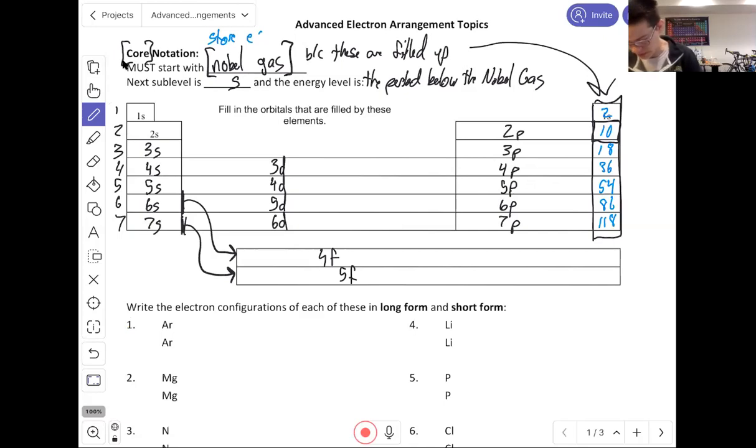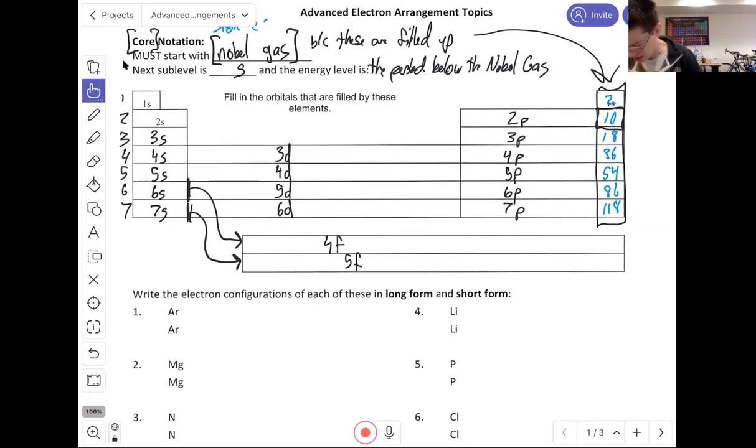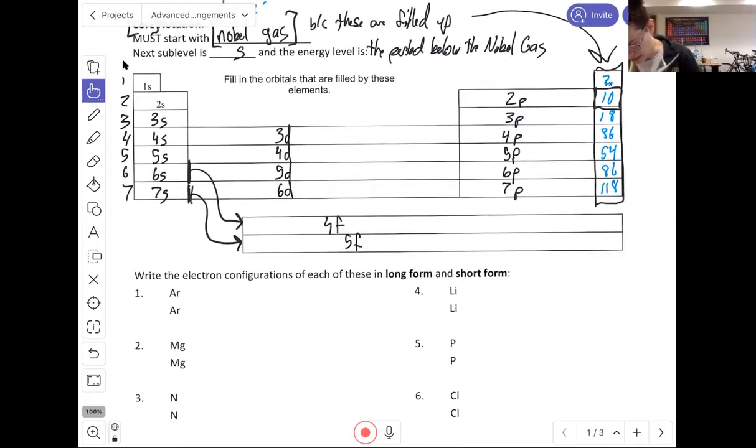Okay, so I think I can demonstrate this a little bit in these practice problems. We did argon's configuration on the other page, and we said it was 1s2, 2s2, 2p6, 3s2, 3p6, because I'm looking for 18.